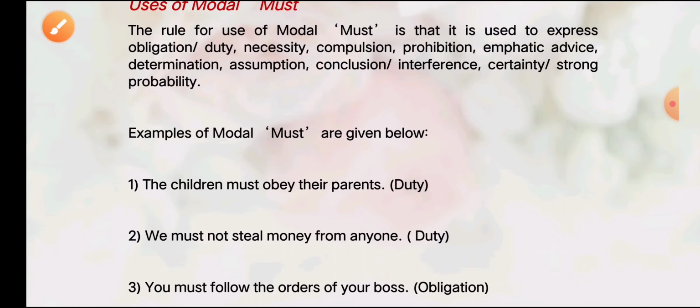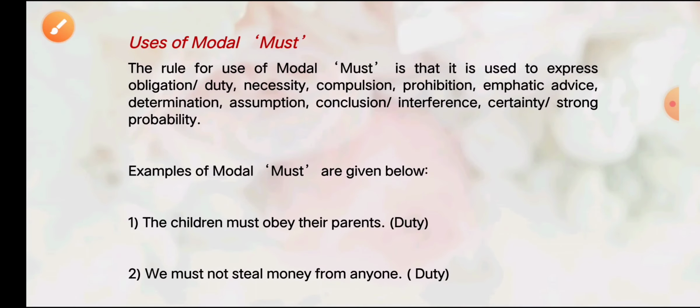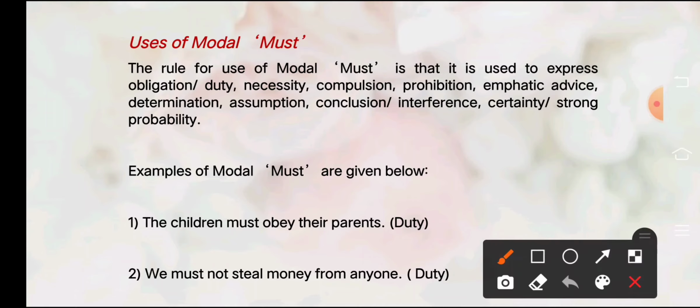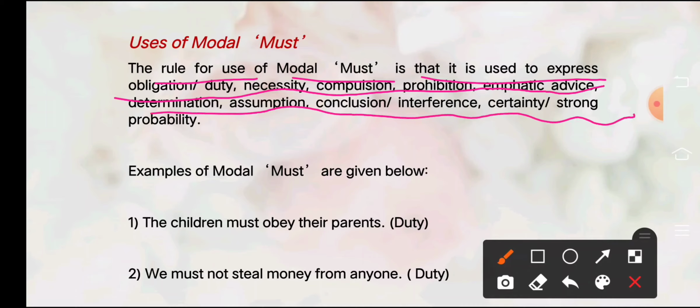Next is the use of modal must. The rule for the use of modal must is that it is used to express obligation, duty, necessity, compulsion, provision and emphatic advice, determination, assumption, conclusion, inference, certainty and strong probability.